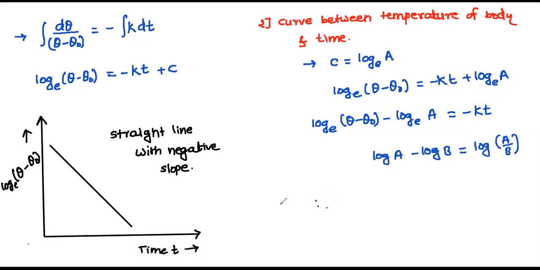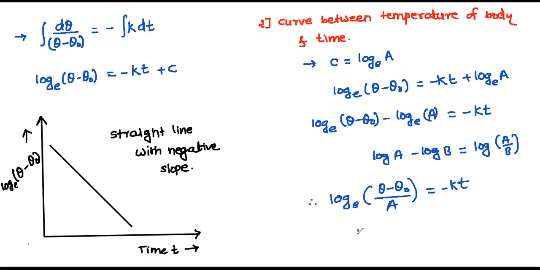Therefore, what I am getting here, you see, for these two terms, can I write like this? Log of e theta minus theta naught divided by a is equal to minus kt. Taking exponential means cancelling this log e.